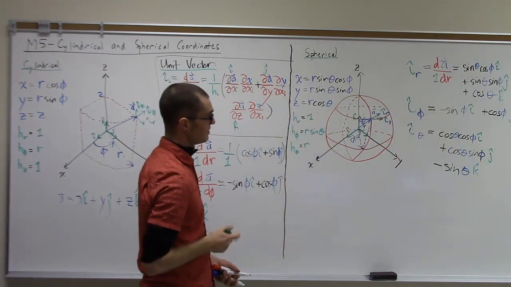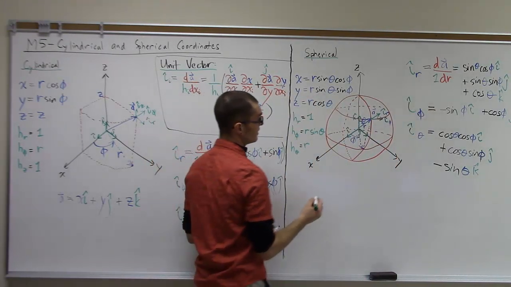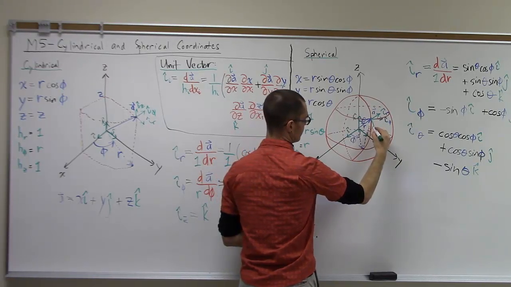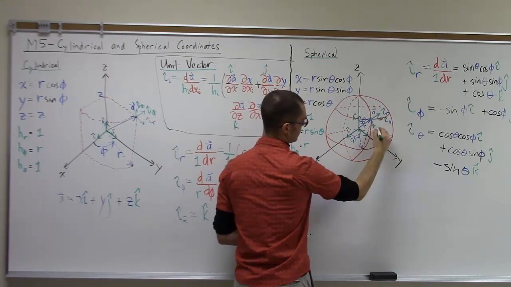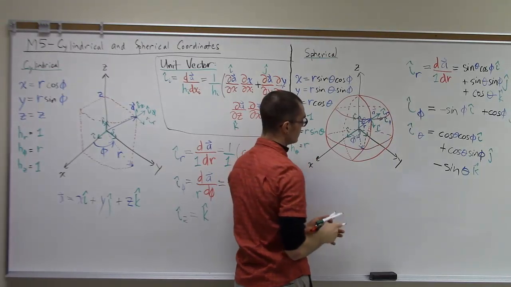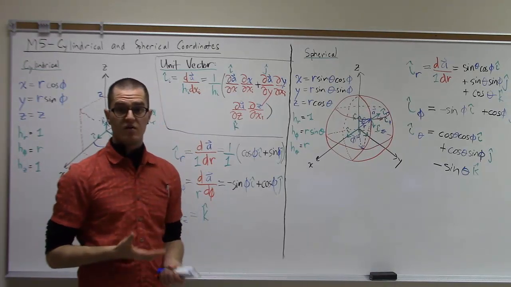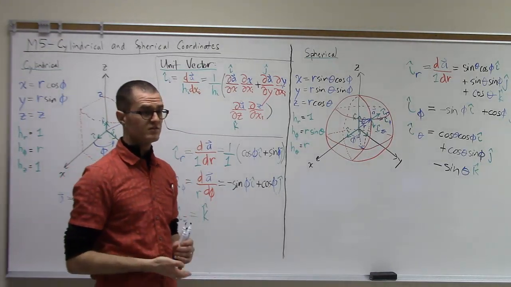Okay, so that is the unit vector in the theta direction, and that always is going to be tangential to the theta direction here. So this is my i theta. And again, we have an orthonormal basis for this coordinate system.